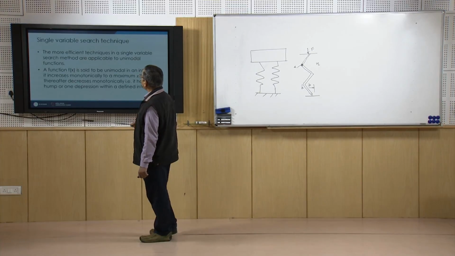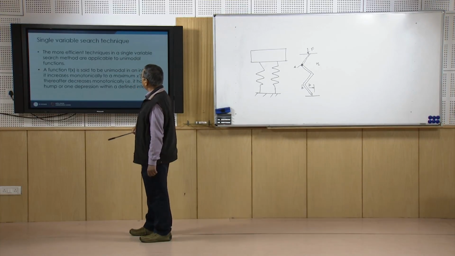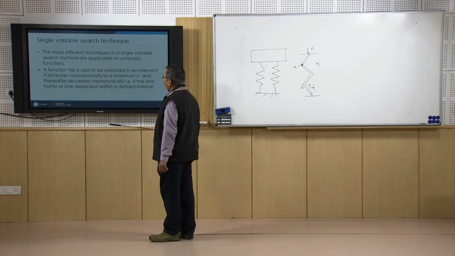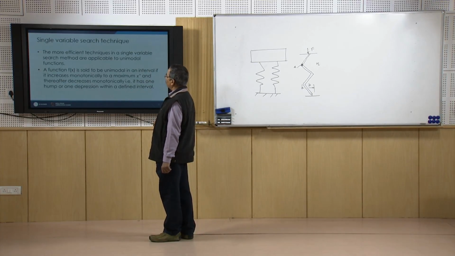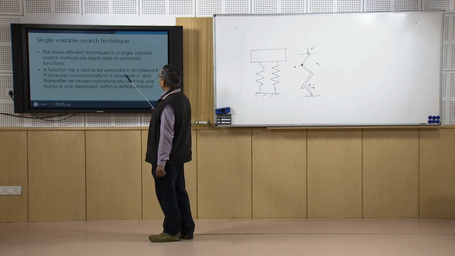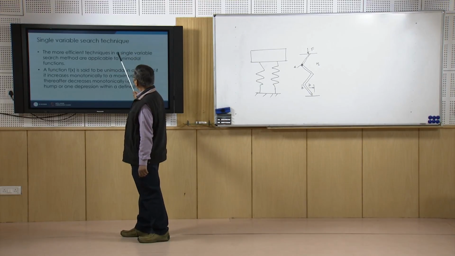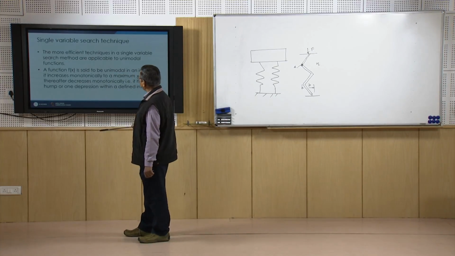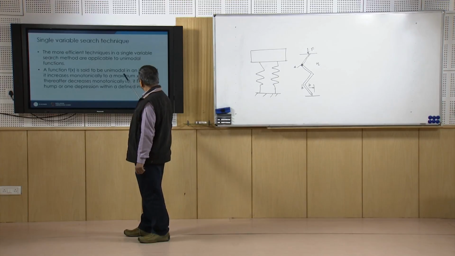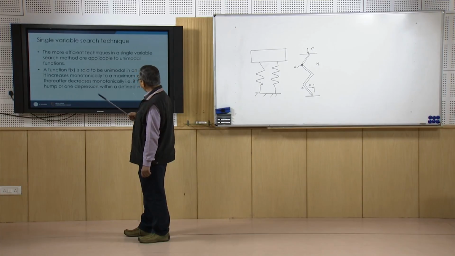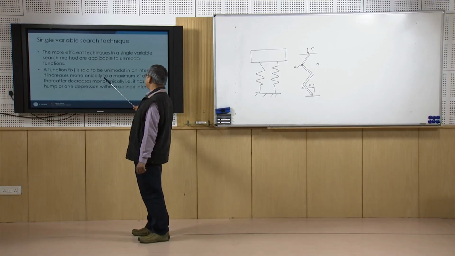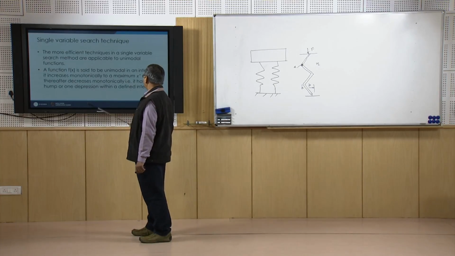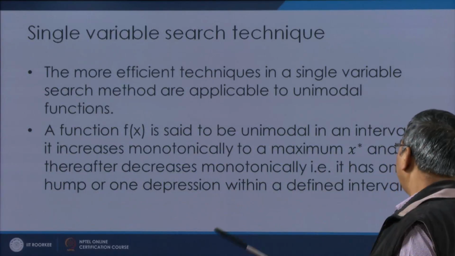So, we will be looking at single variable search techniques. These techniques are efficient and are applicable for unimodal functions. Unimodal functions are functions that, within a certain interval, increase monotonically to a maximum and thereafter decrease monotonically.